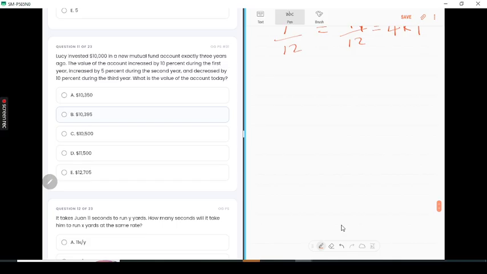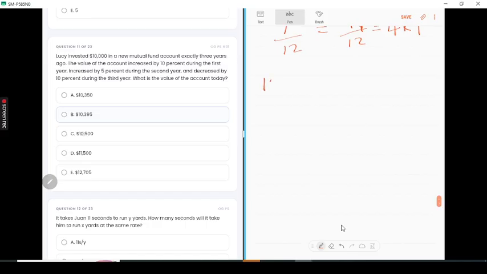Lucy invested 10,000 in a new mutual fund account exactly 3 years ago. The value of the account increased by 10% during the first year, increased by 5% during the second year, and decreased by 10% during the third year.